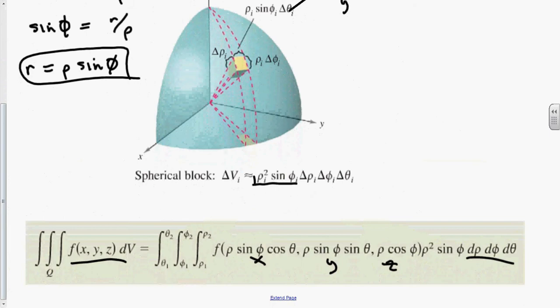This factor here is interesting, and I will see if I can find my outside assignment to give you some work with that, to see how this is actually produced by computing the volume in triple integrals for spherical coordinates. Where does that come from?